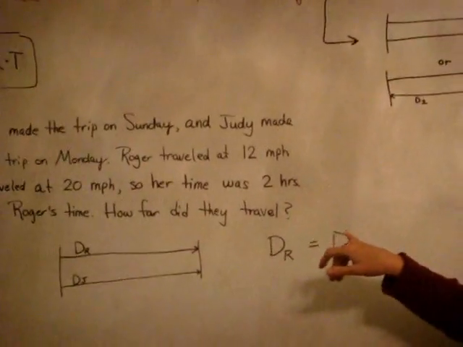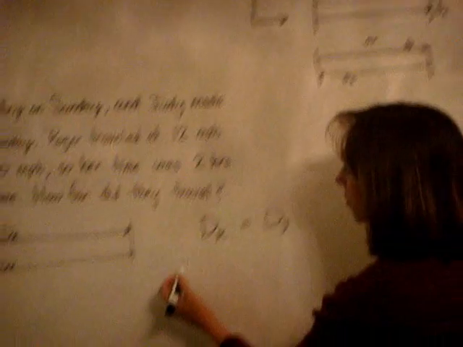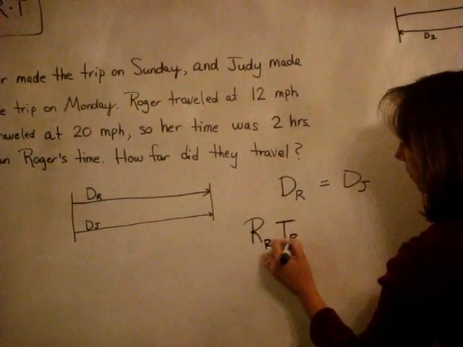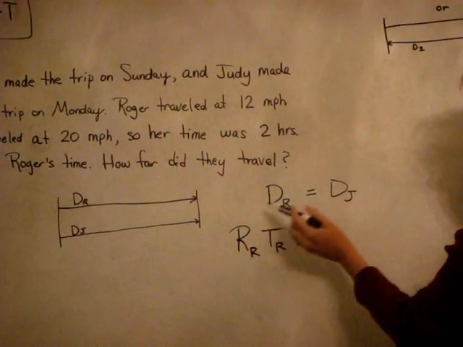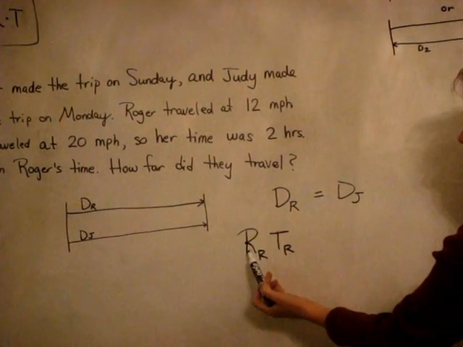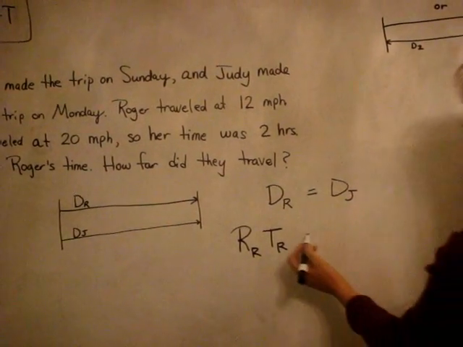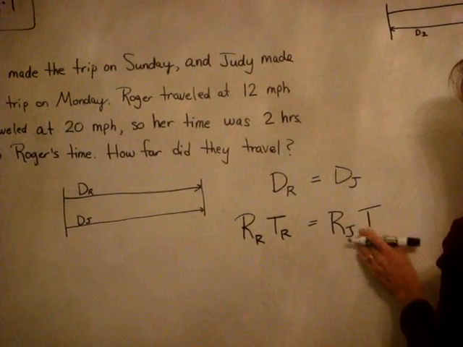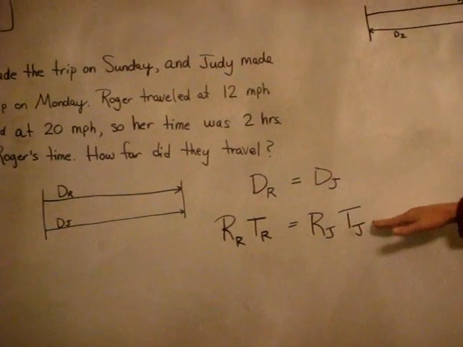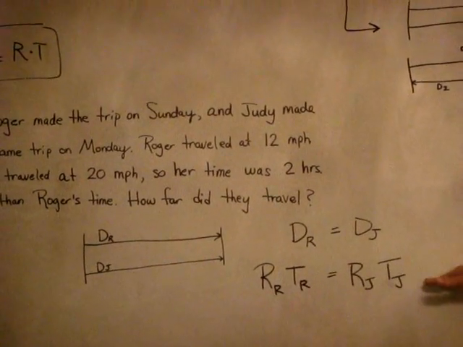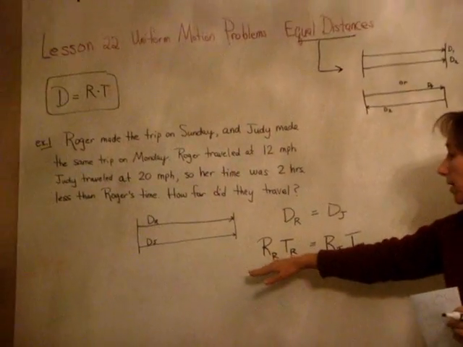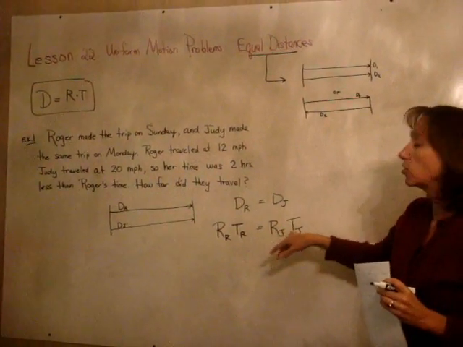But we have to distinguish between the rate and time of Roger versus the rate and time of Judy. So it's going to be the rate of Roger times the time of Roger, that's his distance. We're just substituting. Instead of writing distance Roger, we write rate times time of Roger, equals the rate of Judy times the time of Judy. So this is the basic equation that we're going to work with. Most of your equal distance problems are going to end up looking like this: rate of Roger times time of Roger equals rate of Judy times time of Judy.